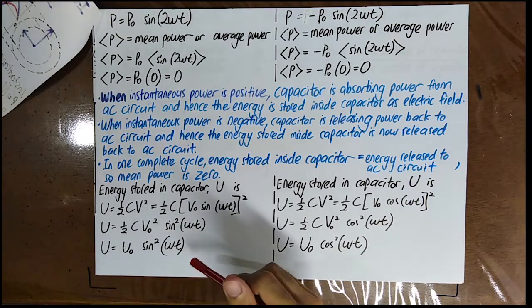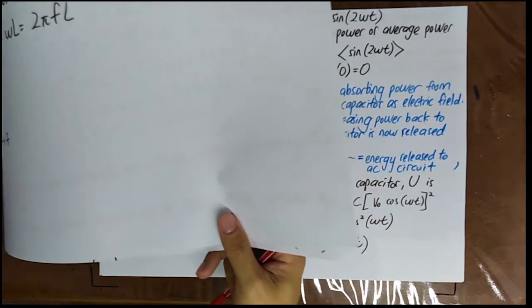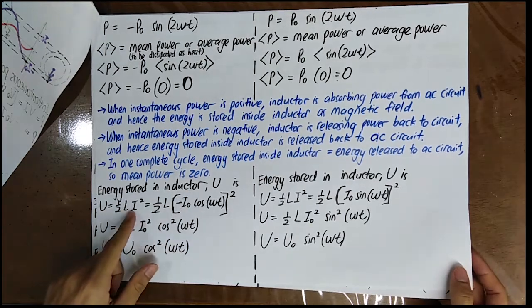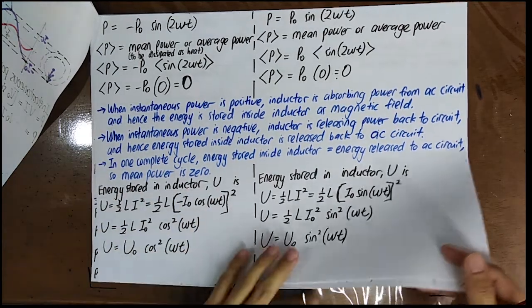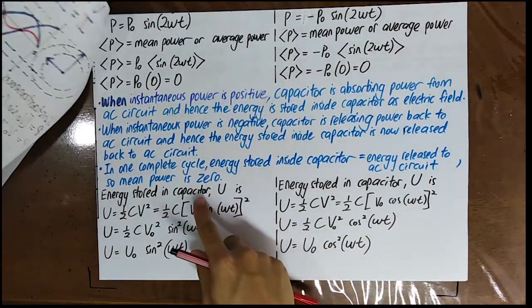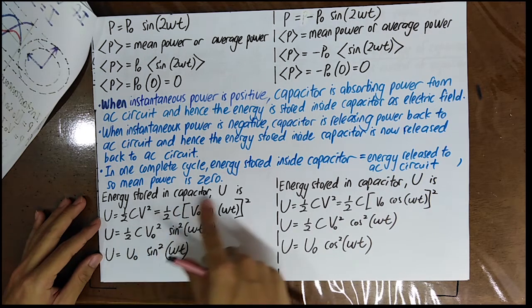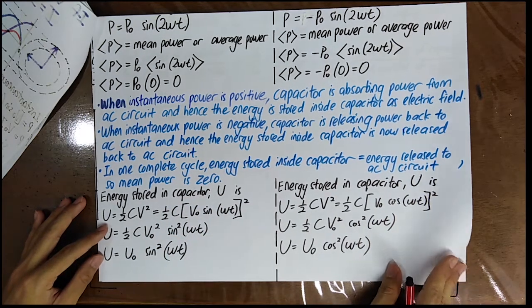This is opposite of what we learned just now for the inductor, where the formula is half Li squared. For the inductor, only when the current is maximum is the energy stored in the inductor maximum. But in the capacitor, when V is maximum, the energy stored inside the capacitor is maximum.